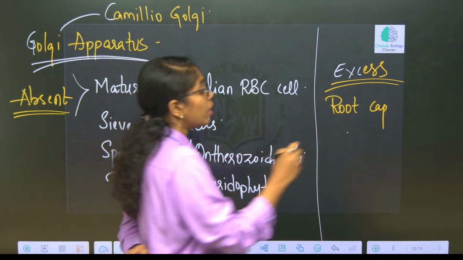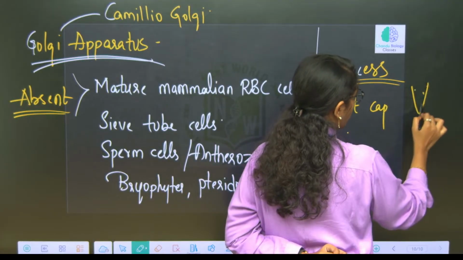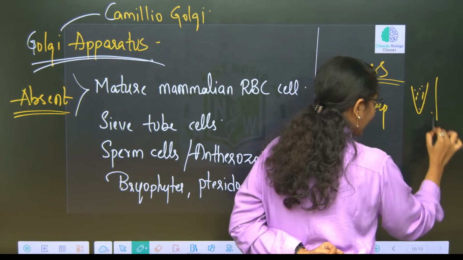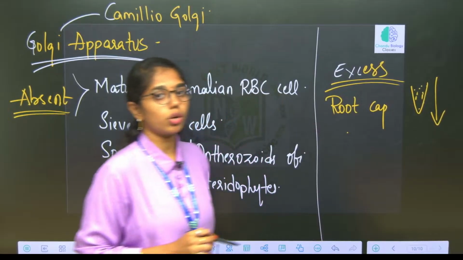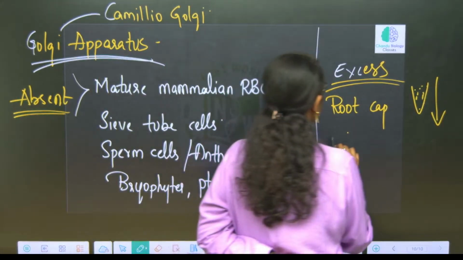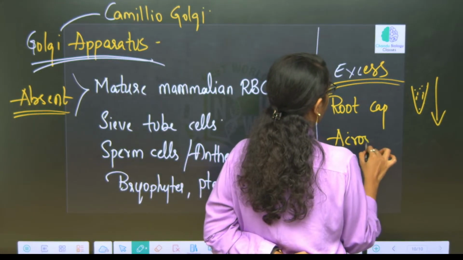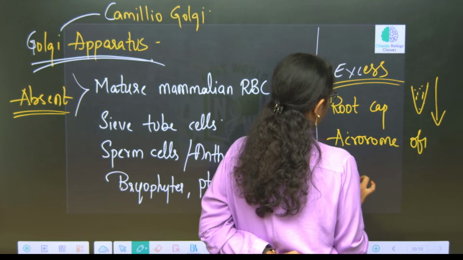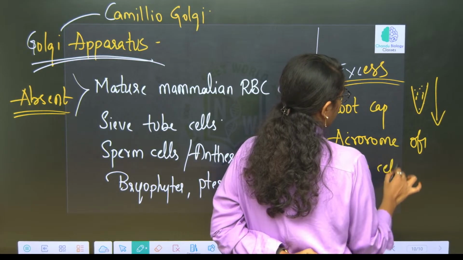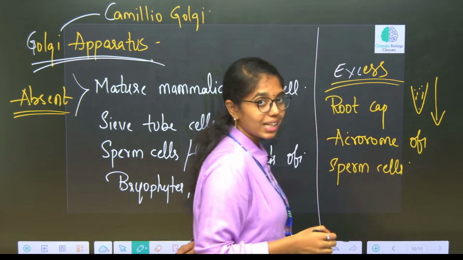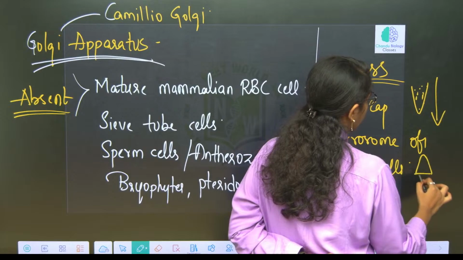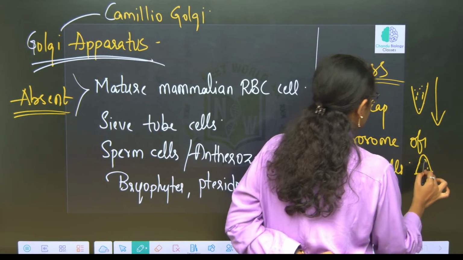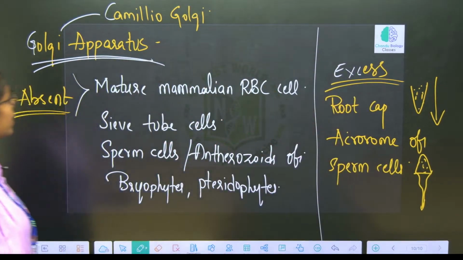In the root cap cells of plants. The root cap, which is a thimble like structure, is positively geotropic. Golgi bodies present in the root cap give the mucilaginous coating for this root cap and aid in the movement of positive geotropism. The second is the acrosome of sperm cells. In these cells Golgi bodies are excessively present.